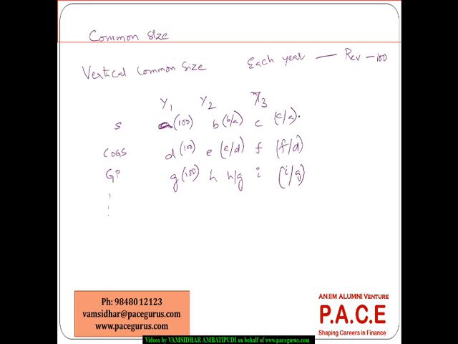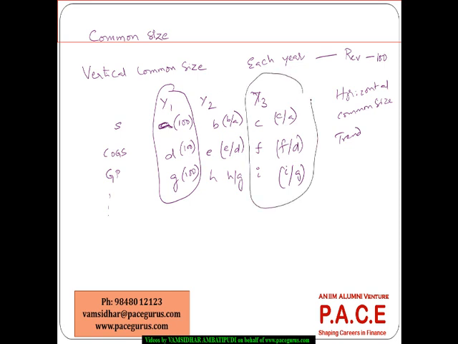This is a horizontal common size. So it is more like a trend. Initially, in the first year, when all these numbers were 100, I'm looking at now to what extent they have grown compared to the base year, by how much they have increased year over year until date.